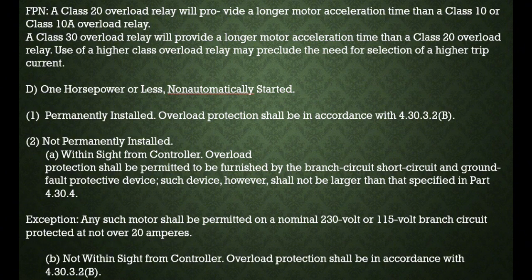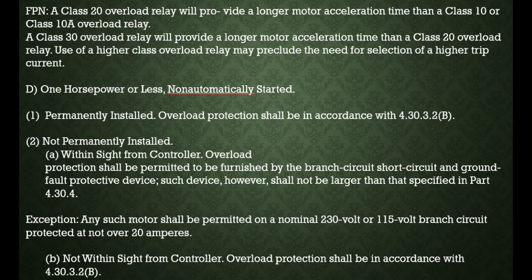Class 20 overload relay provides a longer motor acceleration time than Class 10 relays. Class 30 provides even longer acceleration. For non-automatically started motors of 1 horsepower or less, permanently installed motors need overload protection in table 4.30.3.2b.